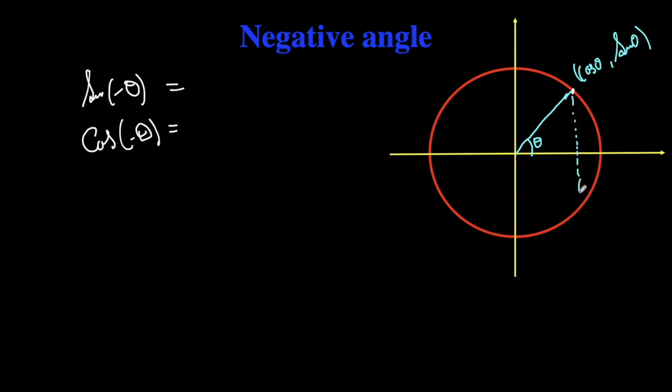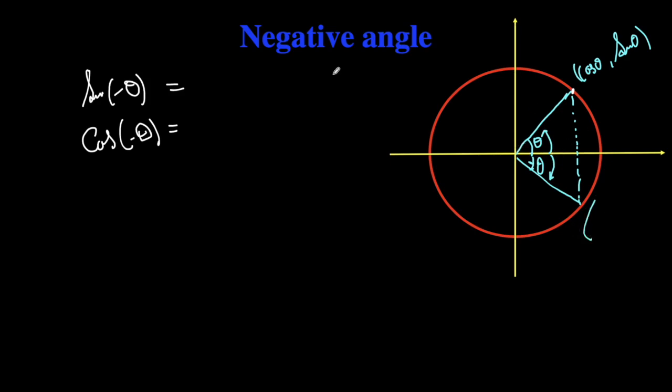Now connect it here. So this will also be your theta and this will be minus theta, because we always measure from the x-axis. If you are going this way, it will be positive. If you are going that way, it will become negative.